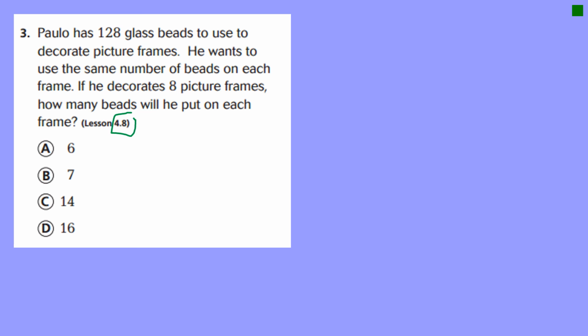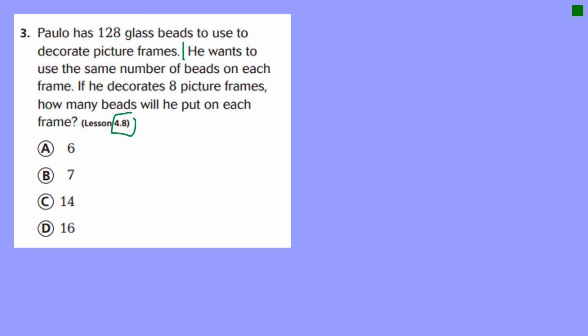Okay. Paulo has 128 glass beads to use to decorate picture frames. Okay, so here's where we are now. Keep reading with me. He wants to use the same number of beads on each frame. If he decorates 8 picture frames, how many beads will he put on each frame?